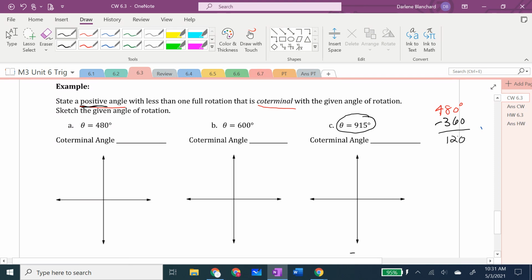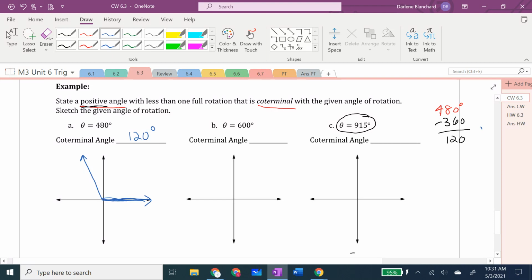Hey, that sounds familiar. Can you draw a 120 degree angle? So I've got my initial side and my terminal side for 120 is just a third of the way through quadrant 2.